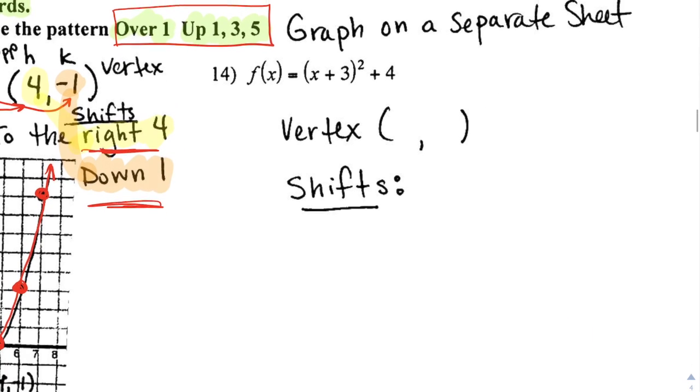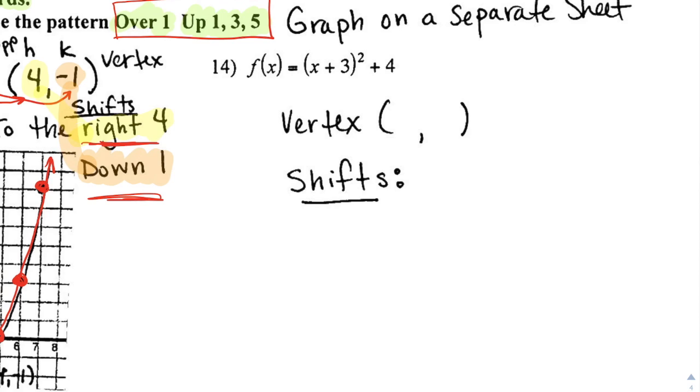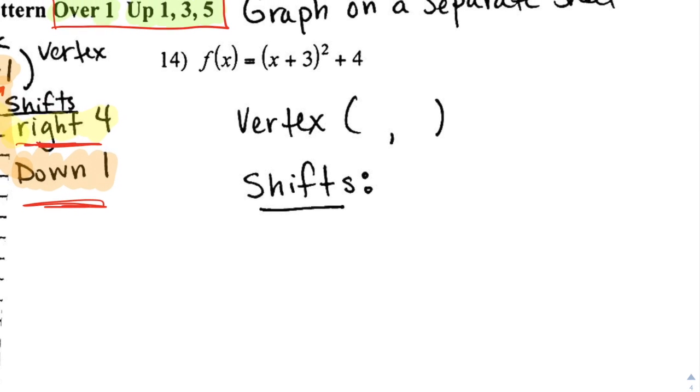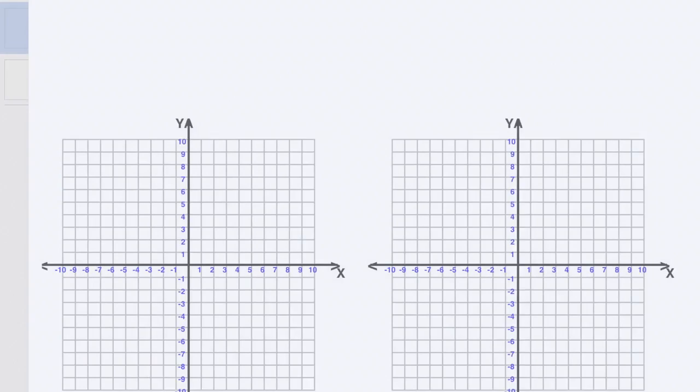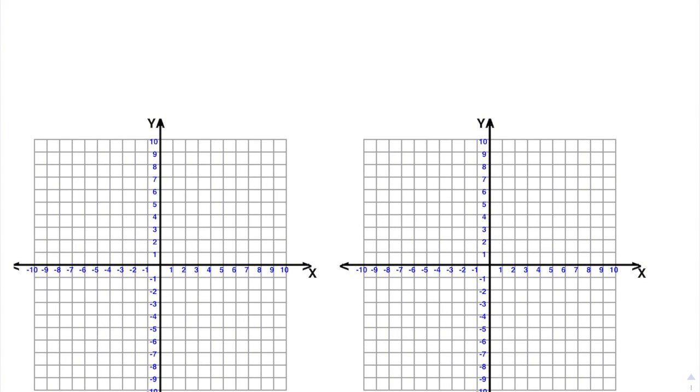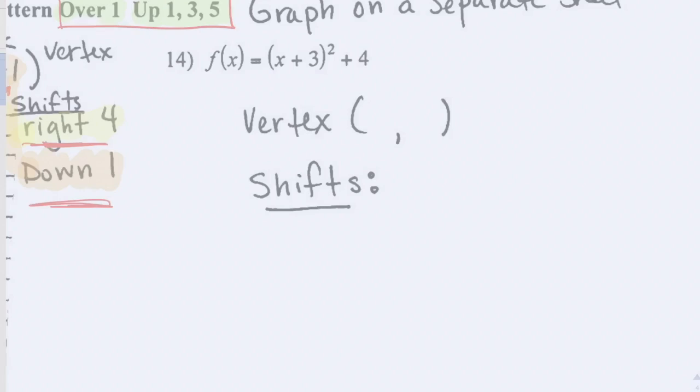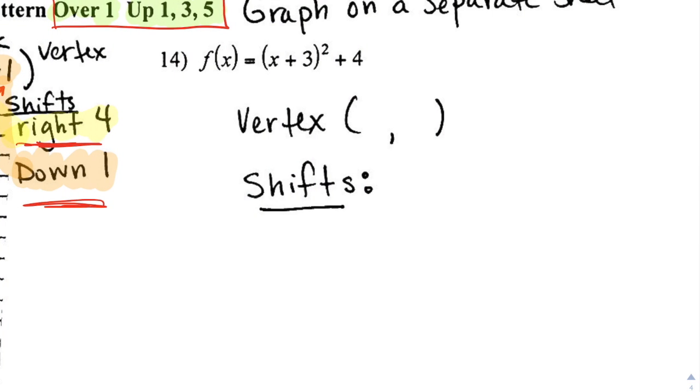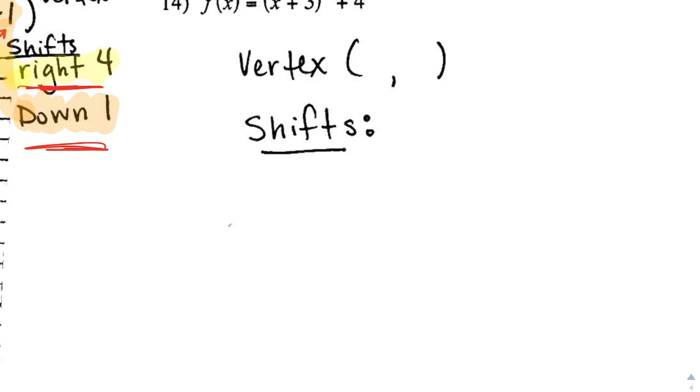All right, so number 14, again, we started this on Friday. Now, what you can do is you've downloaded graph paper. So you're going to go to your graph paper, grab your scissors, and you're going to copy the graph. And then once you've copied it, you go back into your assignment, to your notes, and we can paste that graph back.